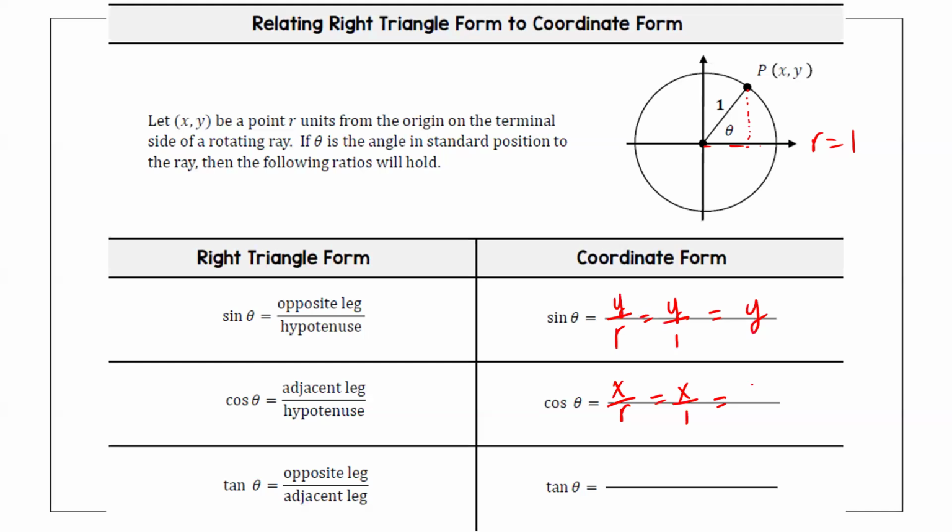So whatever the X is, that is your cosine, as long as it's on a circle on a coordinate plane. Your tan theta is simply your y over your x.